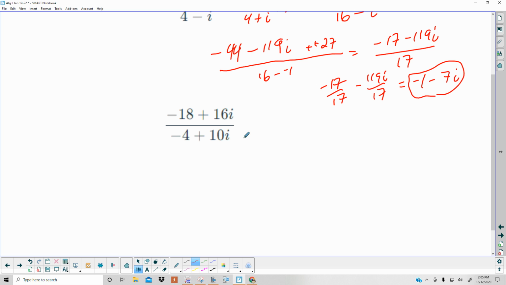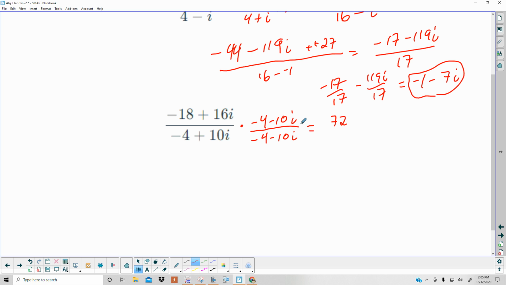In case you need to see another one. You multiply by the conjugate, which is just changing this symbol. FOIL the top. 18 times 4 is 72, so we have 72 up front. That's the first.